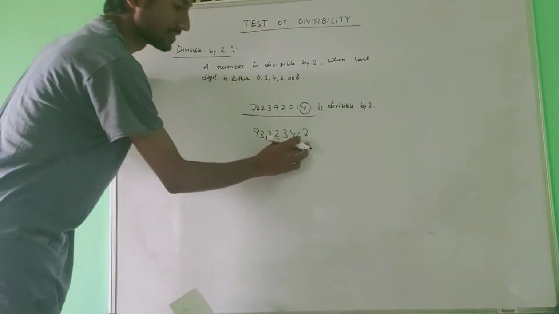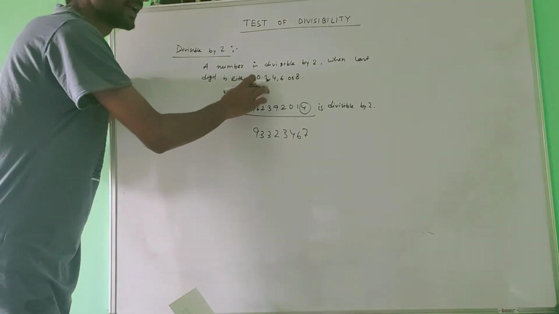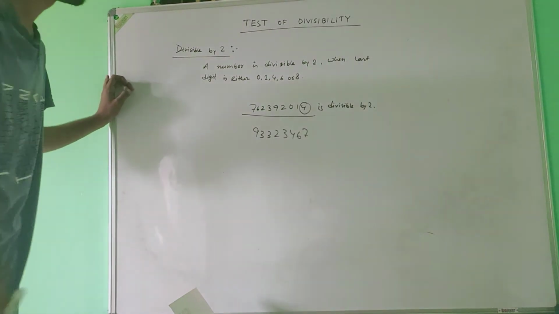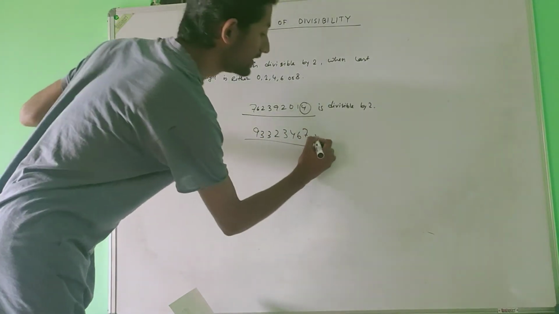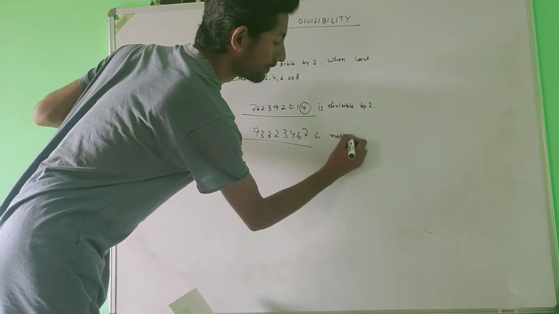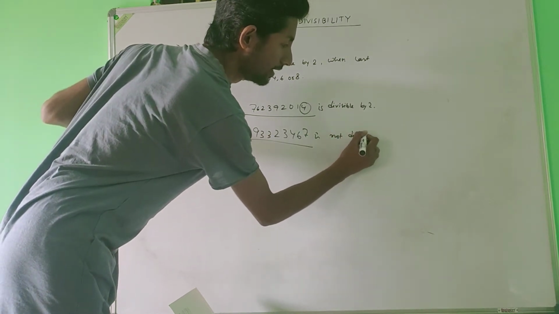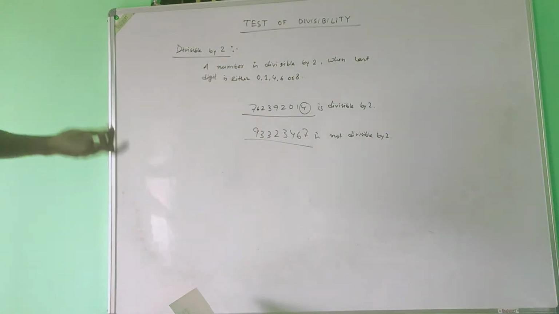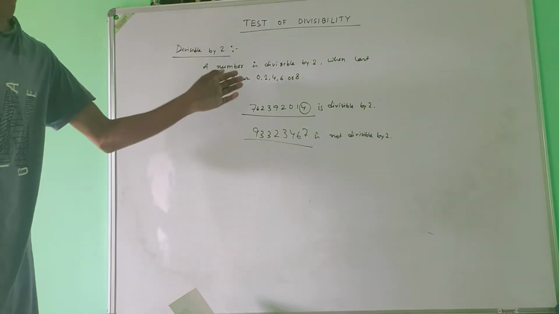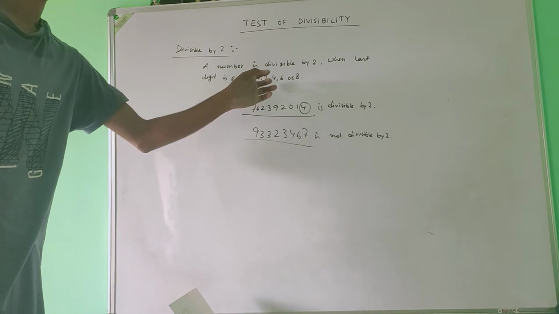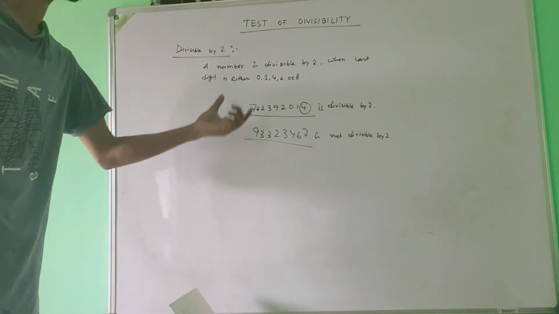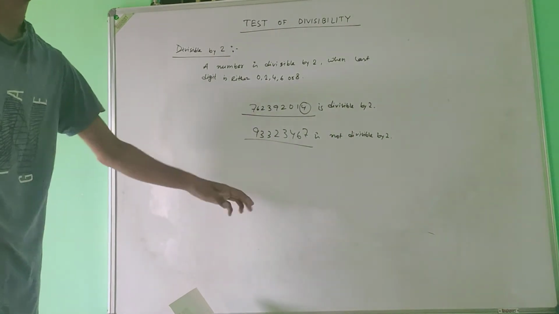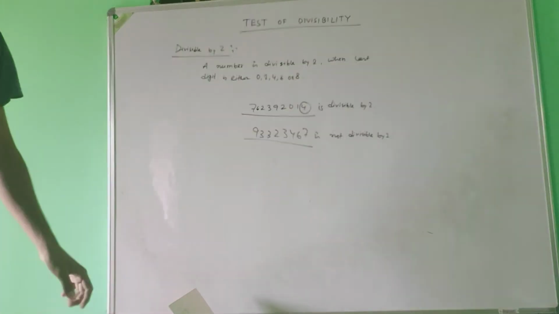The last digit is 7, which is not 0, 2, 4, 6 or 8, so this is not divisible by 2. When the last digit is 0, 2, 4, 6 or 8, the number is divisible by 2; otherwise it is not.